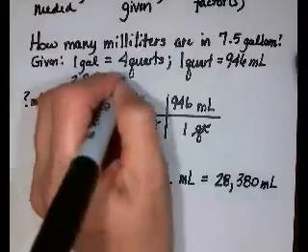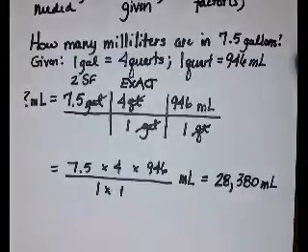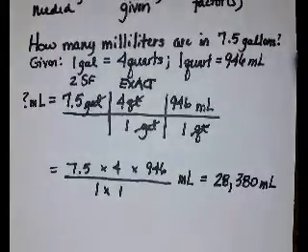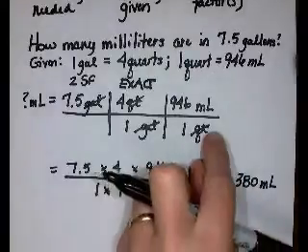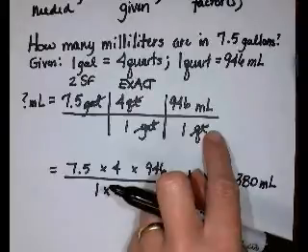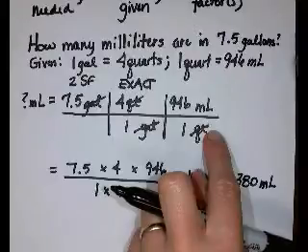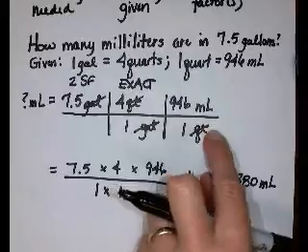So this factor is exact, and it is not going to affect the number of significant digits in my answer. However, when I get to this factor, it is a conversion between the metric system and the English system. It is a rounded conversion factor. It is inexact, and it will affect the number of significant digits in my answer.